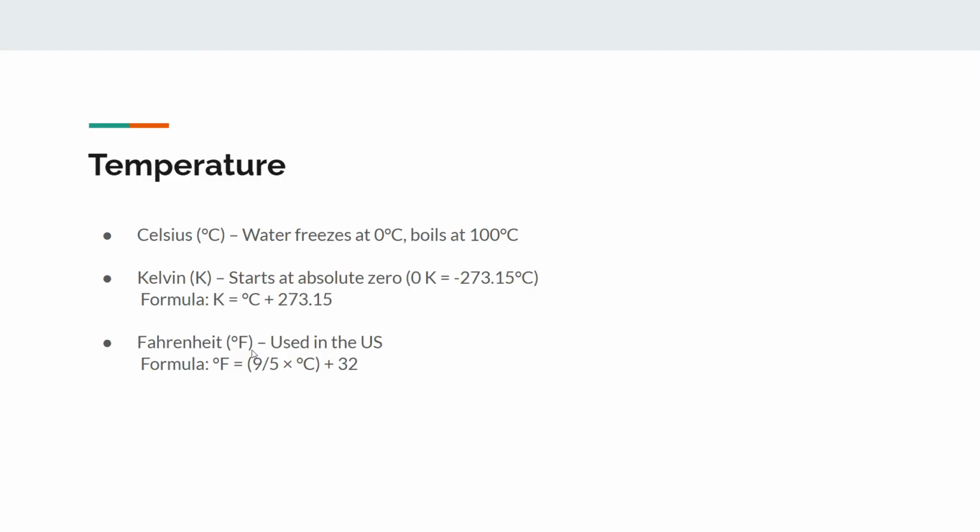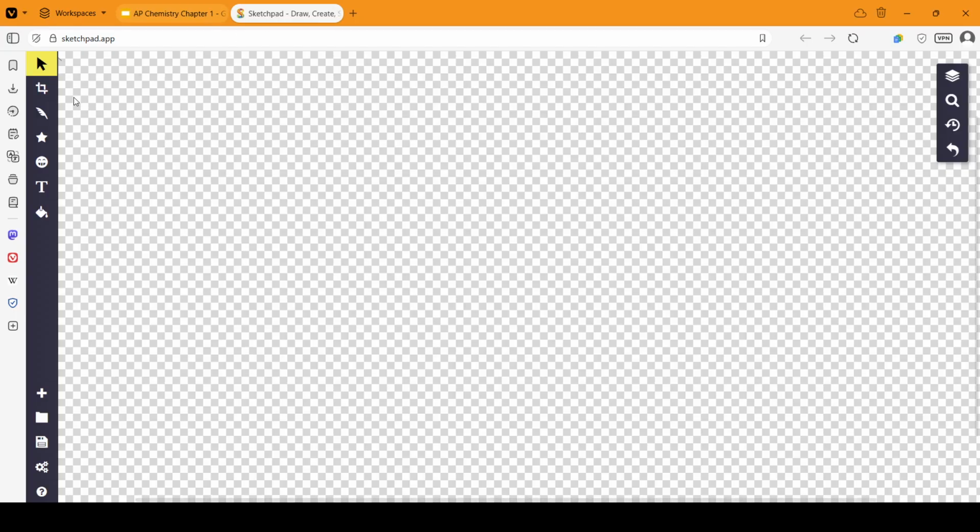Fahrenheit is typically used in the United States. Kelvin is going to be used in all chemical formulas. We're only going to use Kelvin. Make sure to understand that. And Celsius, sometimes they'll give you stuff in Celsius, but all Kelvin is Celsius plus 273. So that's all it is.